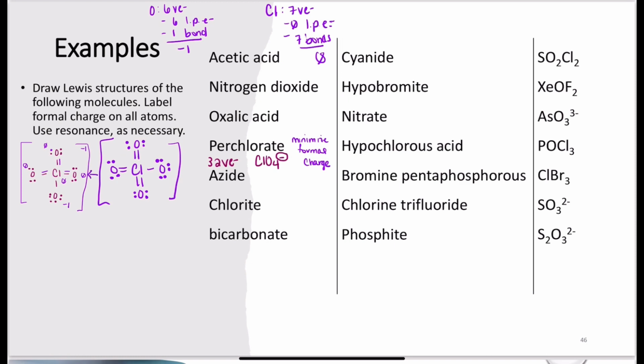To distinguish the two, we put those resonance arrows that look like this. I could have written ClO, let's see, O in a single here. Or I could have put the single bond up top.